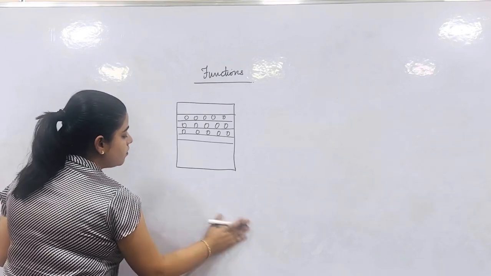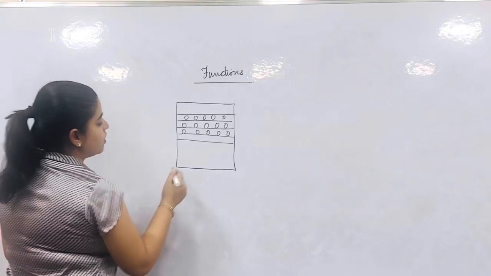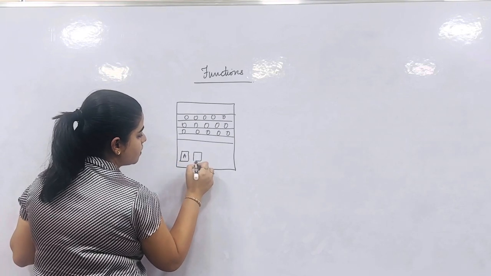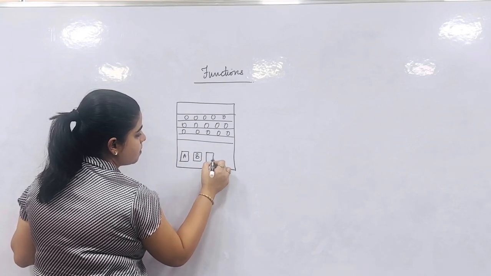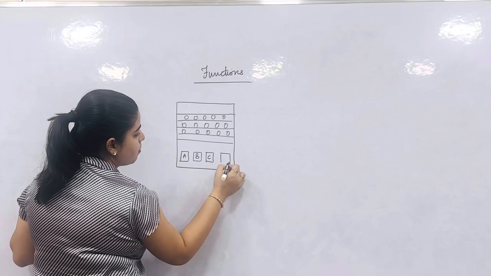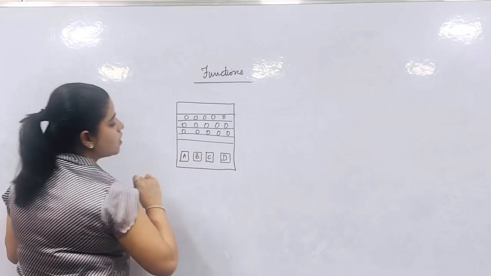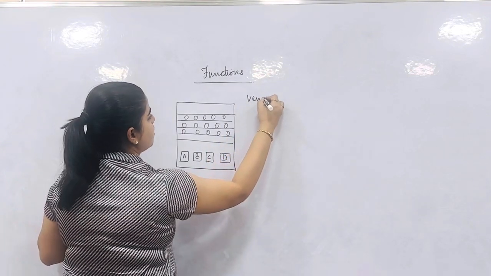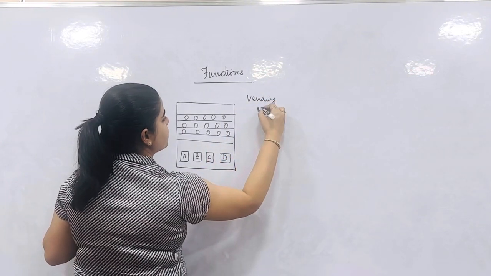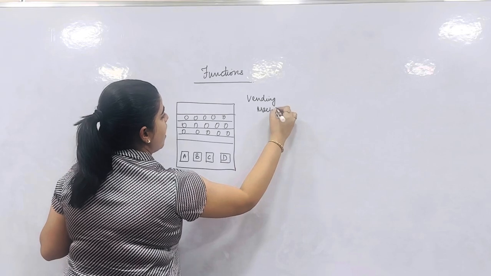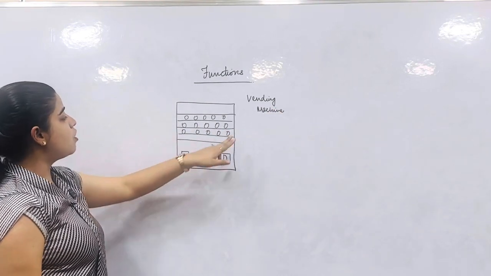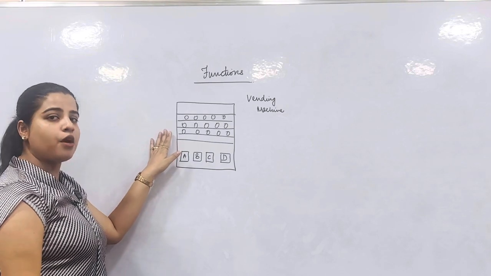Now, there are various buttons. Suppose this is button A, this is button B, this is button C, and this is button D. So, this is a vending machine. Let's write it down: you have four buttons on the vending machine, and you have several objects inside the machine.